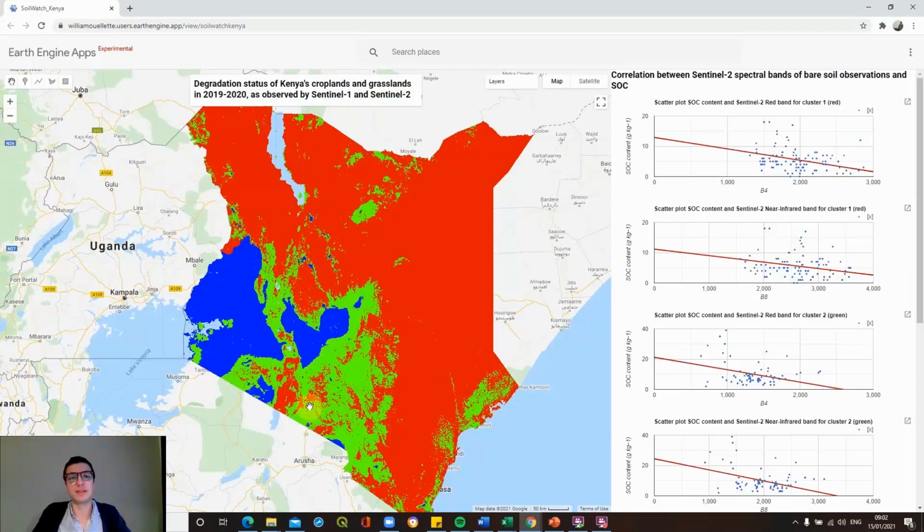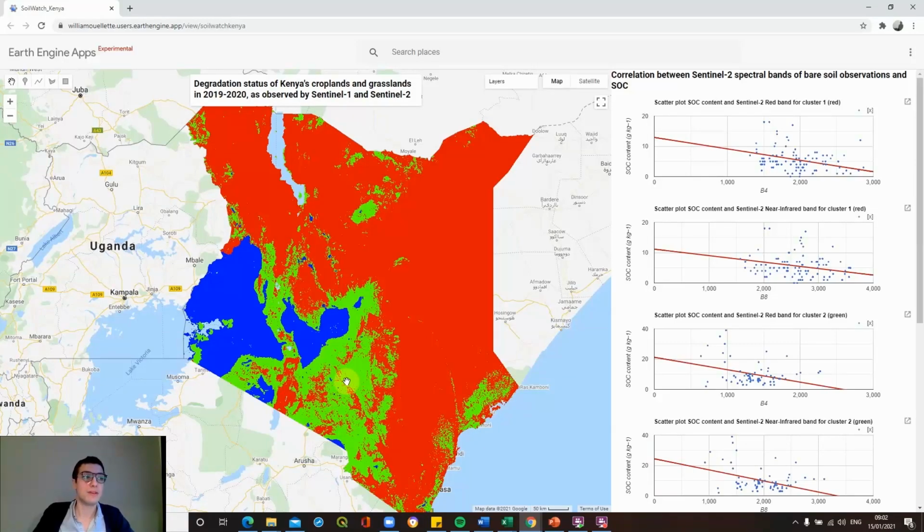Then finally we have the green cluster, which is probably the one we're more interested in, for the simple reason that it's the intermediate cluster where you have a reasonable amount of exposed soil throughout the year, so that you at least are able to get a few observations of your soil per year, and at the same time you have moderate to high rainfall, meaning that the sequestration potential and the plant litter breakdown into humus is very fast, or at least faster than in the red zone.